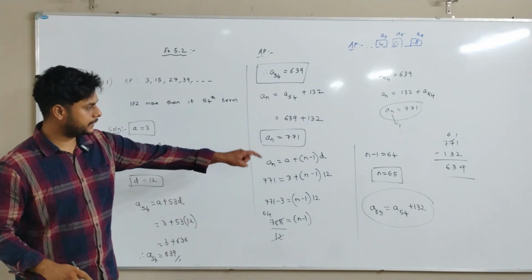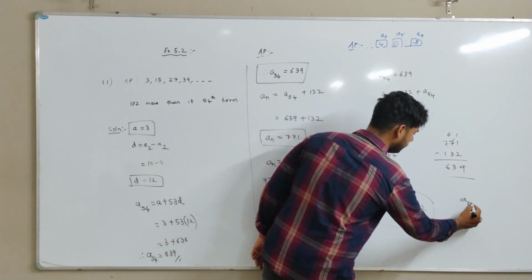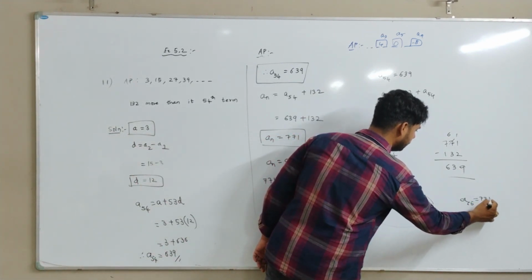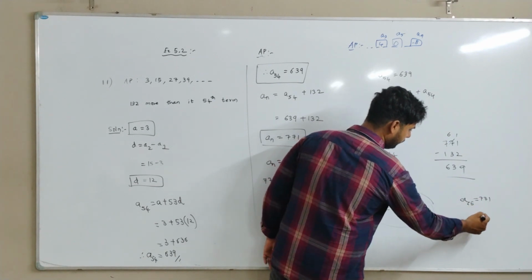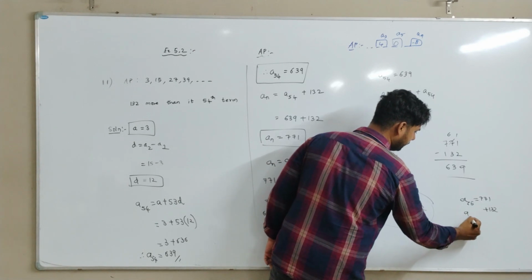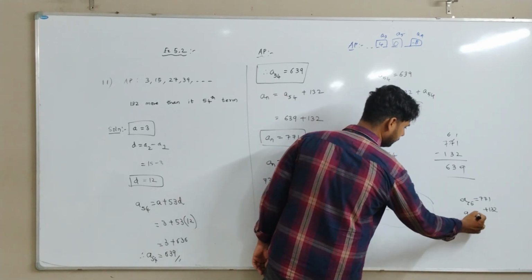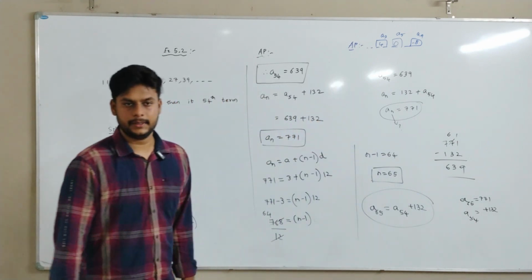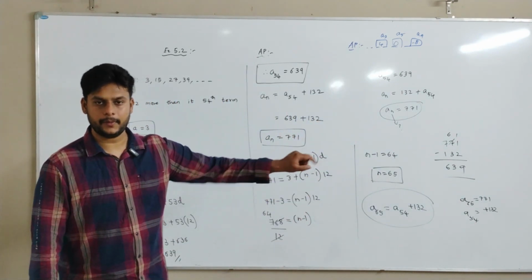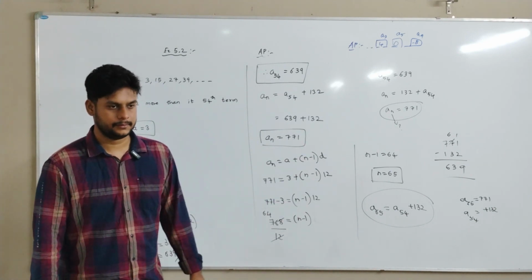So the A65 term is 771. This is 132 more than what? The A54 term. If you add 132 to the A54 term, you get A65. That is what the meaning is.